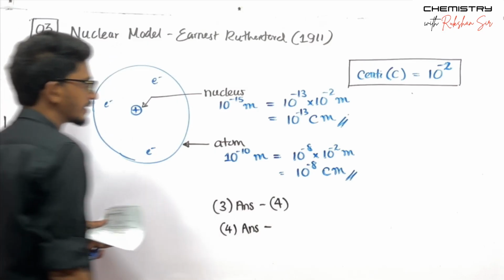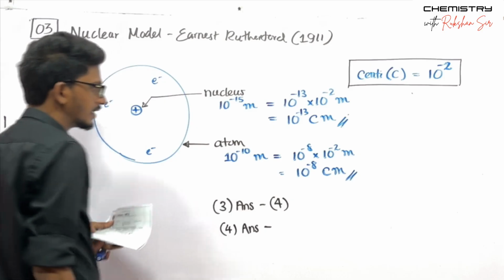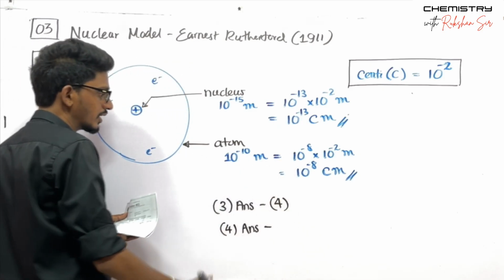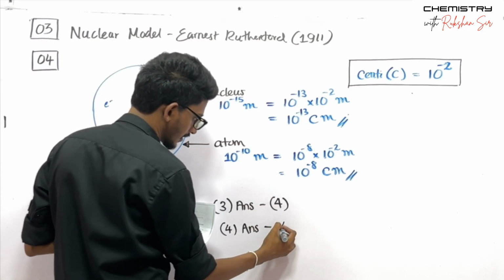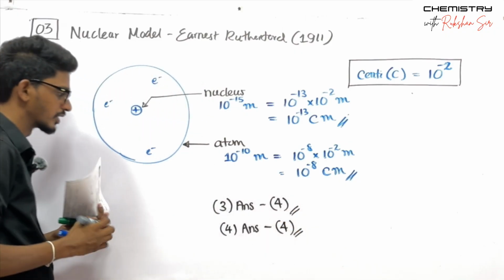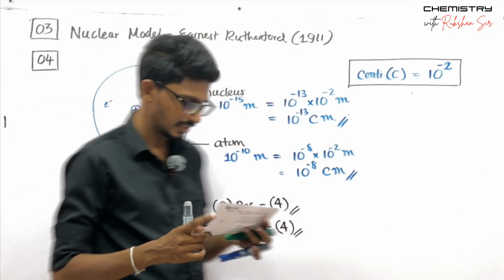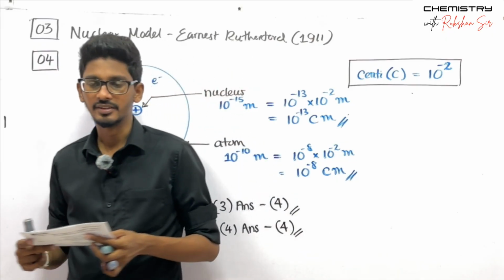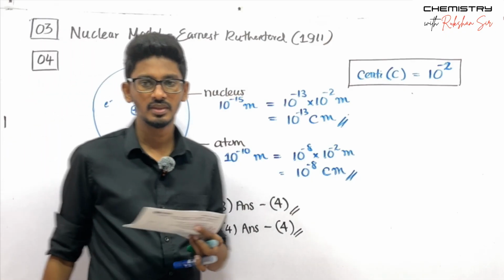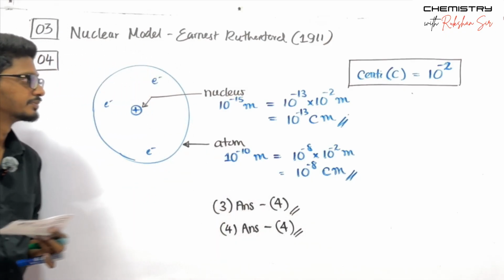The size of the nucleus comes to 10 to the power minus 13 centimeters, so such an answer is not there. The closest value is 10 to the power minus 12. So that is answer 4 again. For question number 3 as well as question number 4, the answers are number 4. Okay, so complete this.